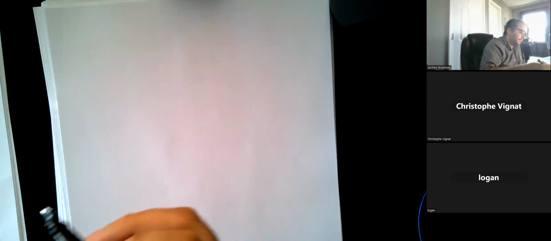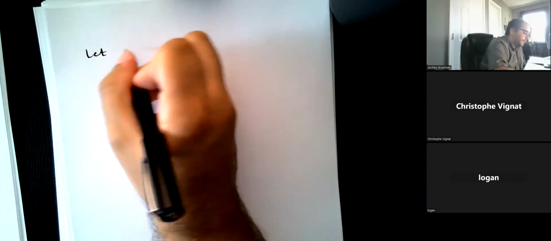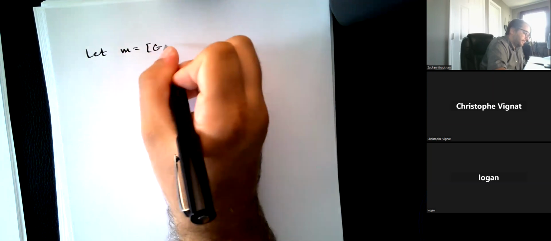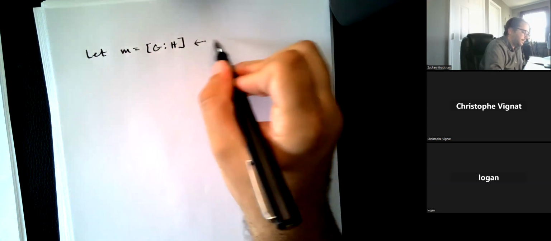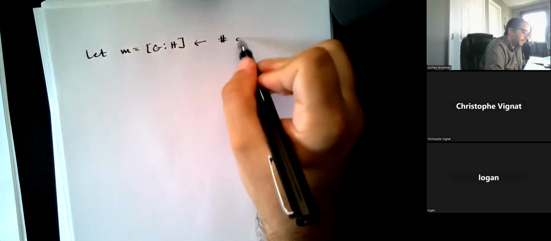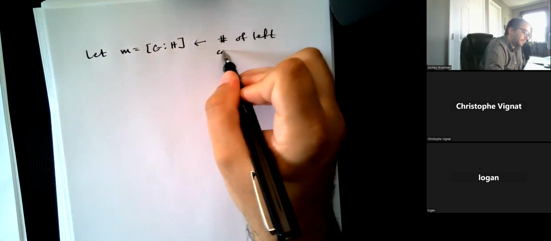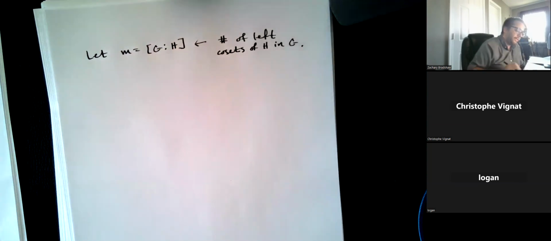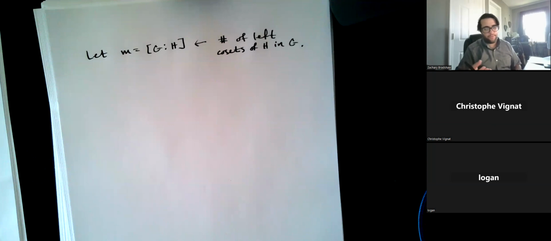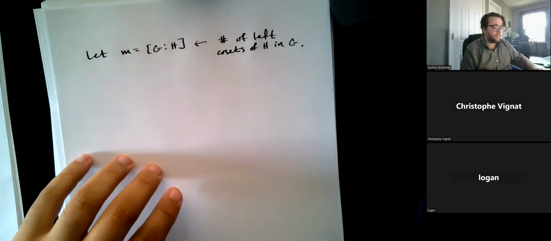Okay. So we're ready to define now what the induced representation is. So let m be the index of H in G. If you don't know what this means, this is the number of left cosets of H in G. So if H is a normal subgroup, then you can take this quotient G mod H, and the order of G over the order of H will be the number of cosets, right?